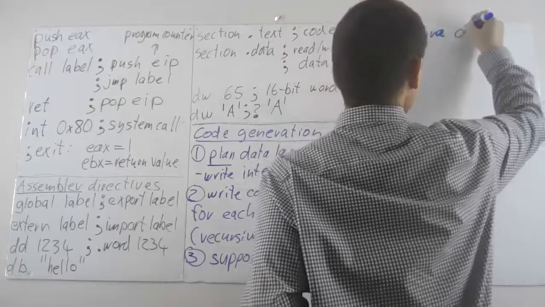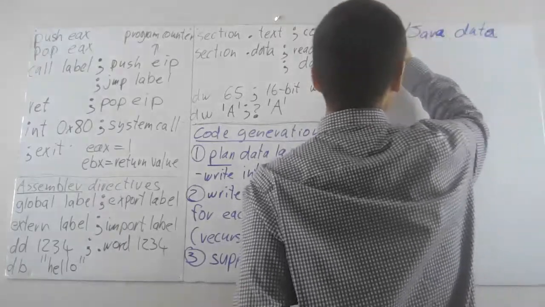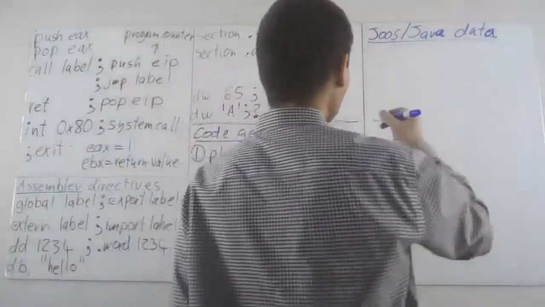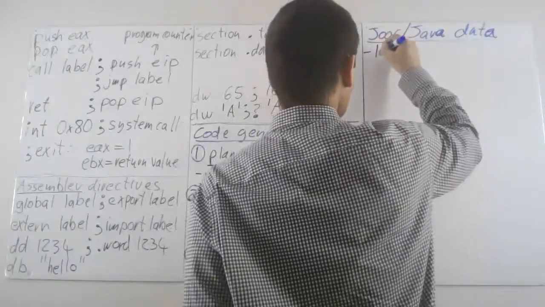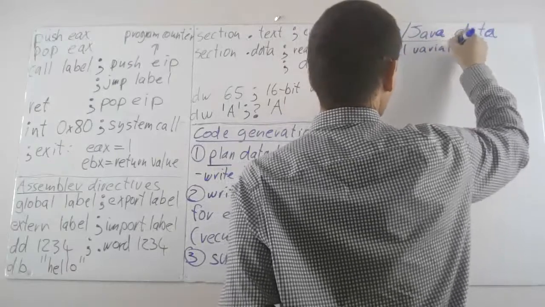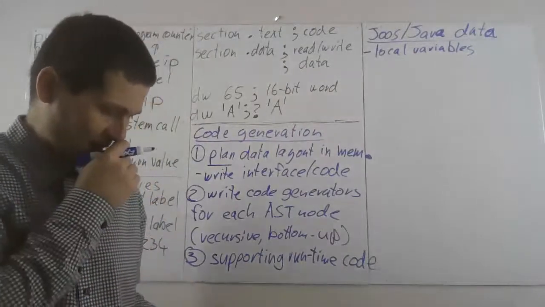Well, to implement a Java program, what do I need? Well, of course, there are local variables. Right, so I'm going to need to implement those somehow.